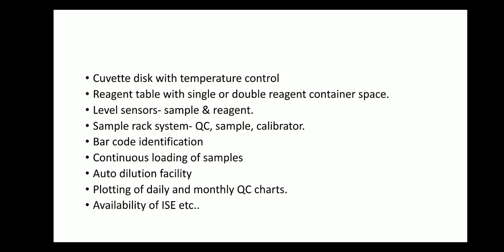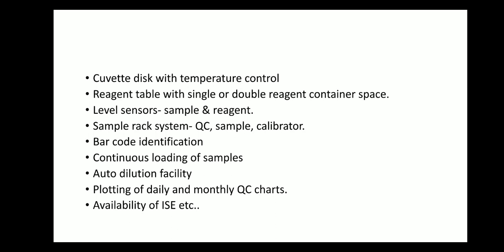And there is a cuvette disk with temperature control. Temperature usually will be 37 degrees for incubation. Some might require high or low, so that is adjusted by this temperature control. Then there is a reagent table to keep the reagents, single or double reagent. For glucose and all, only one reagent is made use of, GOD, POD.